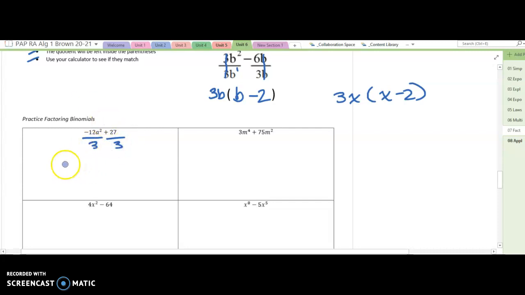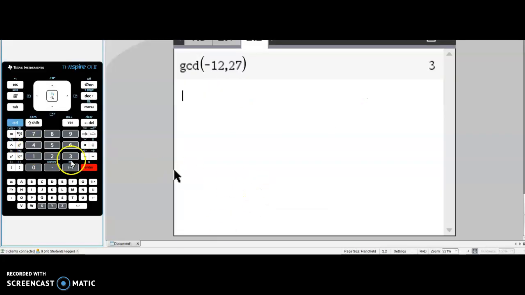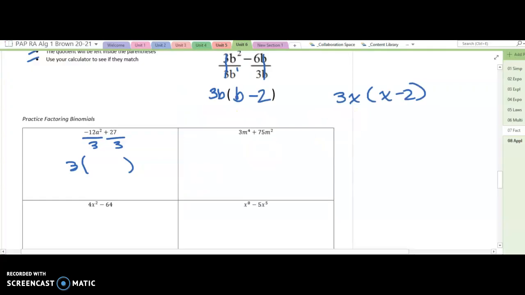All right, so we divide that by 3, and so we take out a 3. So that goes on the outside of the parentheses. And so each one of these becomes an expression that we have to simplify, right? So negative 12 divided by 3 is a negative 4.